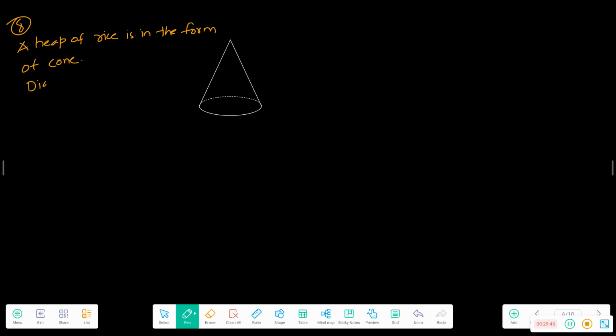So diameter is given as 12 meter, height is equal to 8 meter. So height they have given, so height is 8 meter, diameter it is given, so diameter is equal to 12 meter. So if D is 12, then R will be 6 meter.